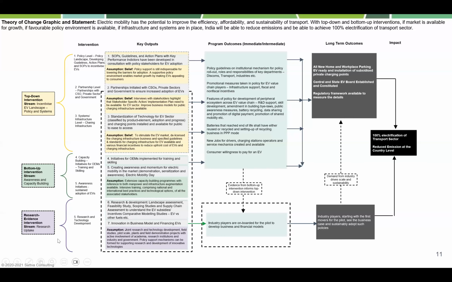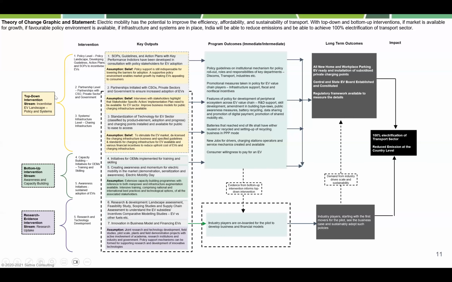And the last one: I already have the top-down and bottom-up intervention streams, but currently I don't have enough evidence on the technology side or the awareness side. So I also do some intervention on the evidence side, which helped me get proper clarity.